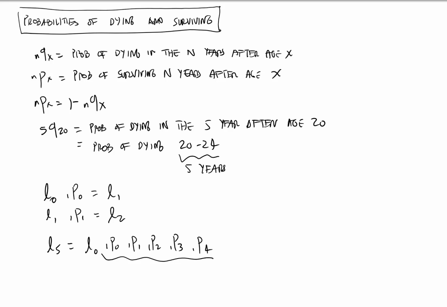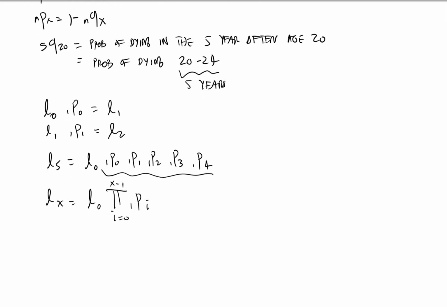So in general, for any age x from L0, that's going to be the product of the 1Pi's from i equals 0 up to x minus 1. Let's point out one more thing here.